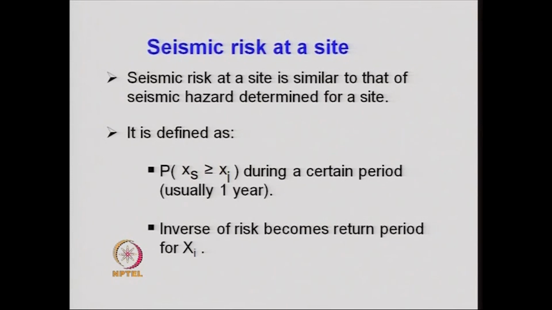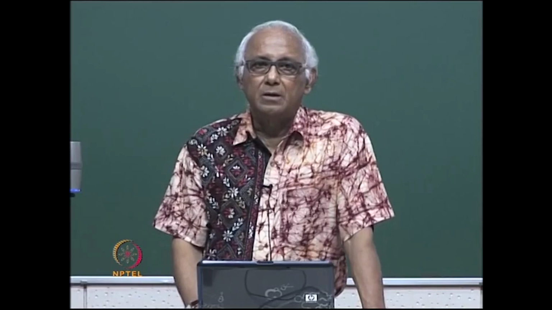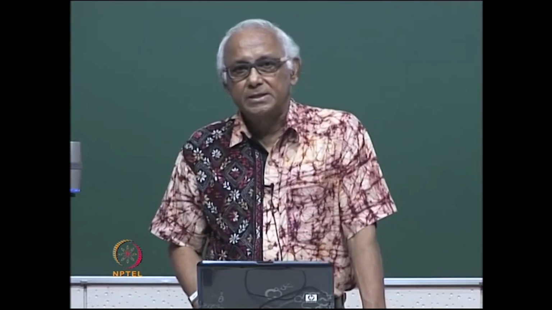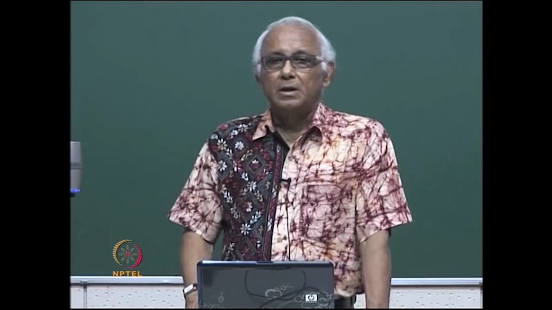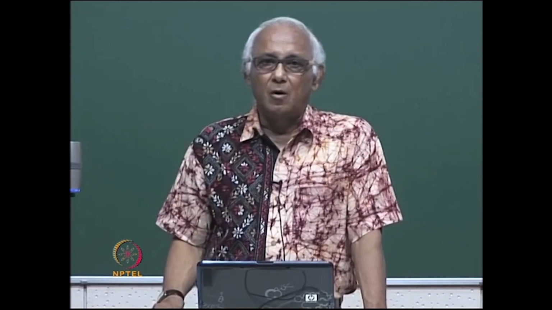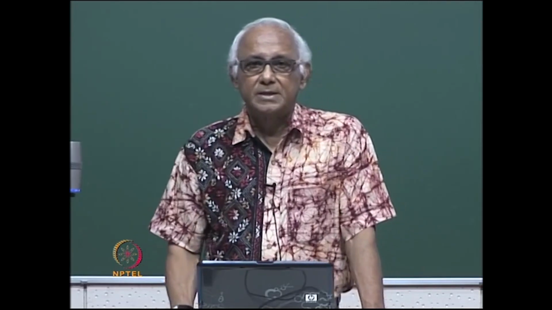Based on that, one can assess the seismic risk for a site, and one can also bring the period into the picture. That is, one can say what is the probability of exceedance of a certain level of earthquake measurement parameter, say peak ground acceleration, in 50 years of time or 100 years of time. So in that case, the previous example that you have done would be useful.